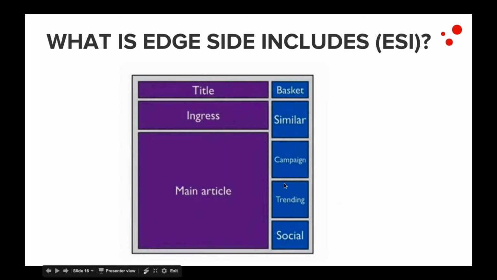So for instance, we have the trending fragment over here. Without ESI in place, if this trending fragment changes once every 5 minutes, and that's very likely to happen, you will have to nuke the whole page from your cache and issue a new backend request in order to reintroduce a fresh page with the updated trending section.